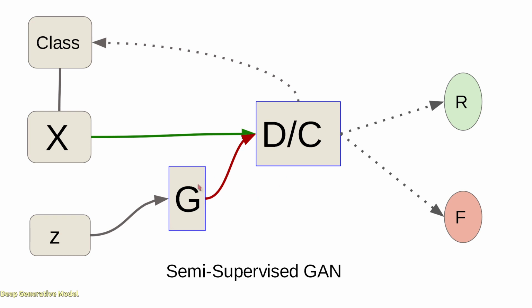And for the generator, the training is unchanged, just like the original unconditional GAN, because it is an unconditional generator. So that we can have the best of both worlds.